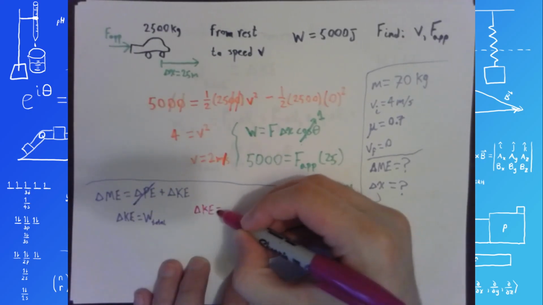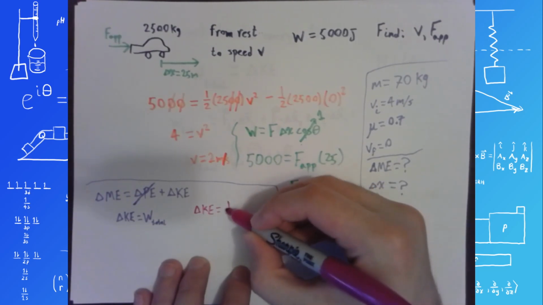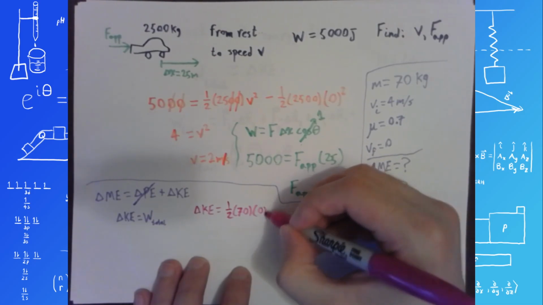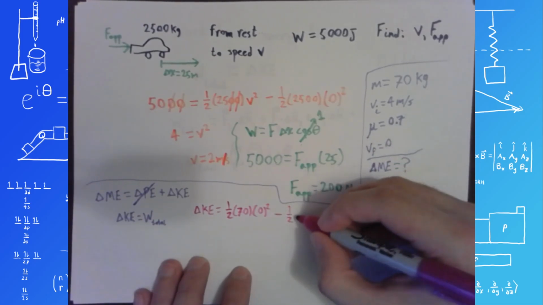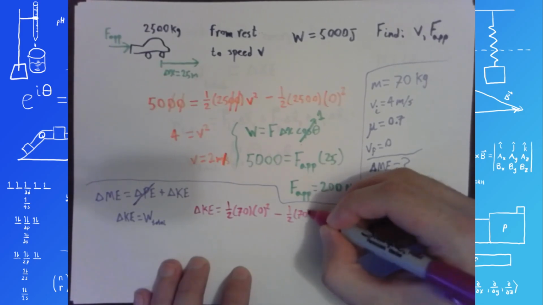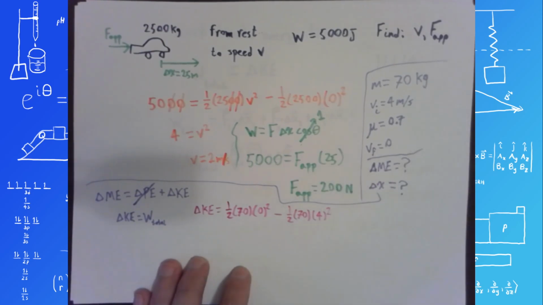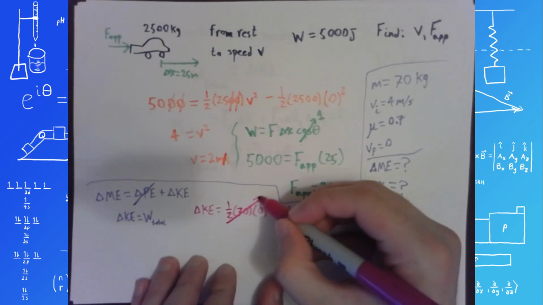Change in kinetic energy equals kinetic energy final minus kinetic energy initial equals 1/2 times 70 times final speed 0 squared minus 1/2 times 70 kilograms times initial speed 4 squared. Okay, that's all 0.